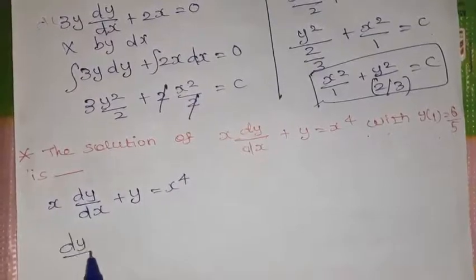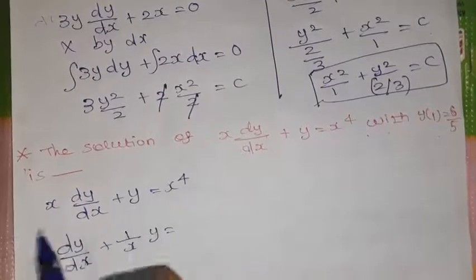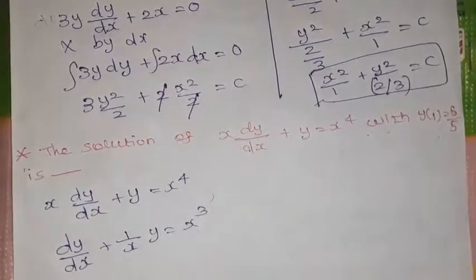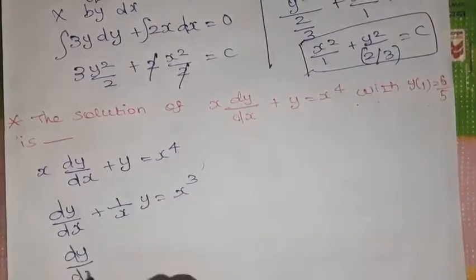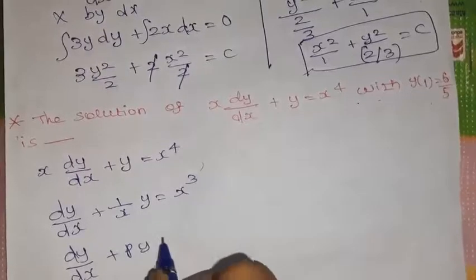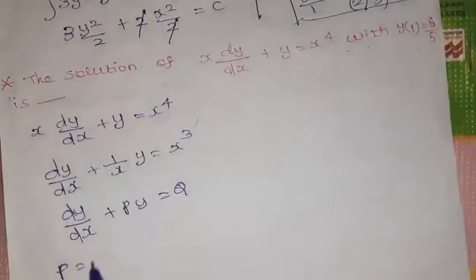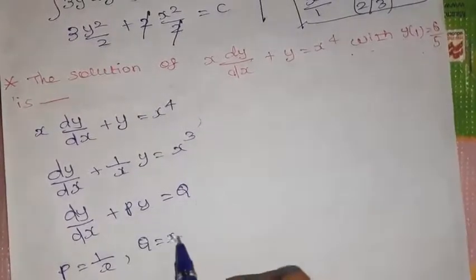So dy by dx plus 1 by x into y equal to x power 4 divided by x, which is x cubed. So it is in the form of the Leibniz linear equation dy by dx plus py equal to q. What is p? p equal to 1 by x. What is q? q equal to x cube, right?